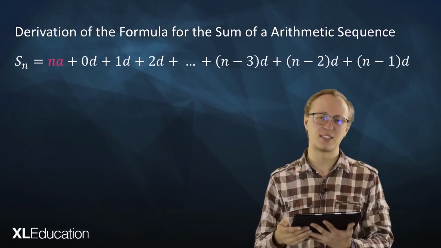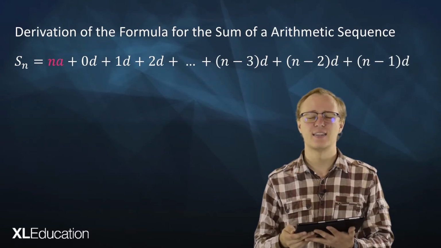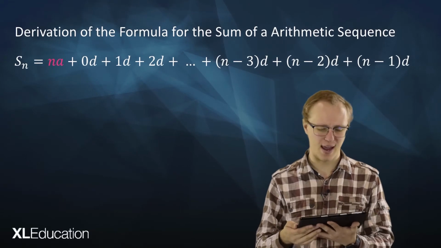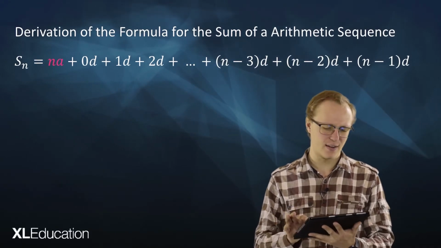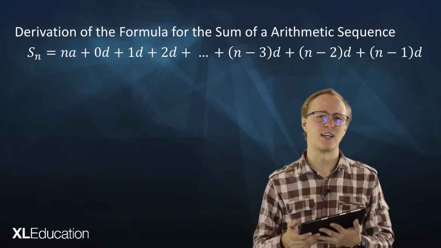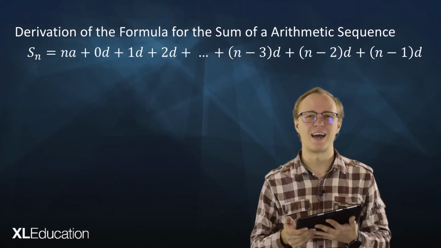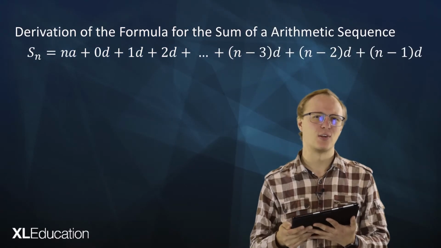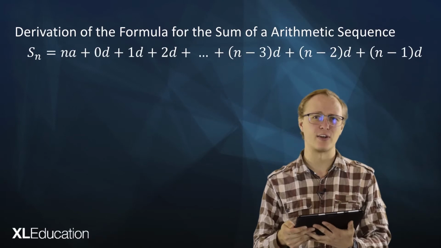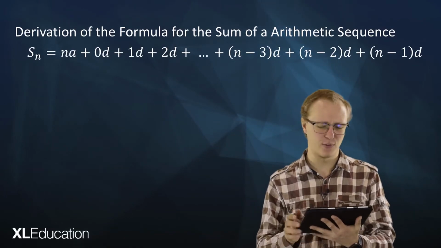So we can write that at the front there as n times a, meaning we've got a number of a's equal to n. Then what's going to happen is the magic trick. Now each proof has a trick, a moment where you look at it and you go, that was really clever. And this is our clever moment for this proof.